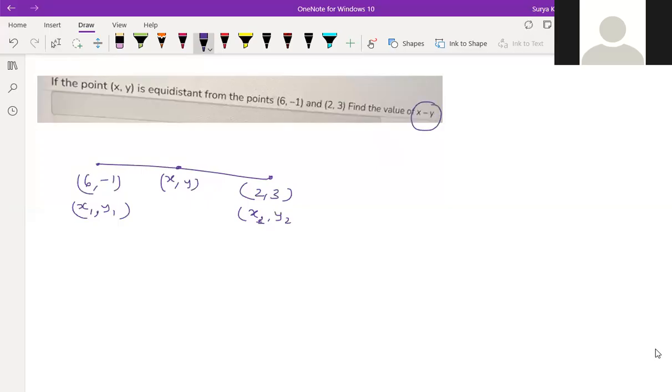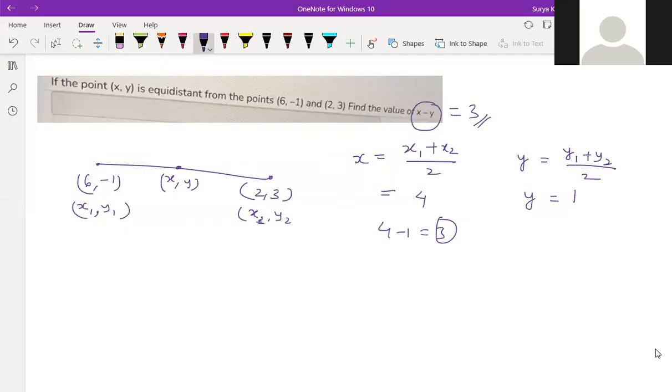So you should find the values of x and y first. If this is a midpoint, x is equal to x1 plus x2 divided by 2. Is it clear? And y is y1 plus y2 by 2. So 6 plus 2 is 8, 8 by 2 is 4. And here, minus 1 and 3 is 2, 2 by 2 is 1. So you'll get 4 minus 1, that is 3. The answer is 3.